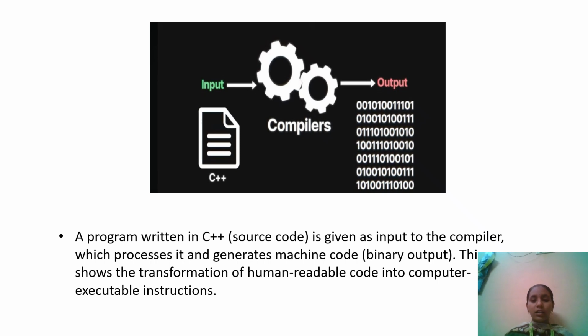Here we have written the source code in C++. This C++ code is compiled into machine-understandable language, nothing but binary language. A program written in C++ source code is given as input to the compiler, which generates the machine code in the form of binary.